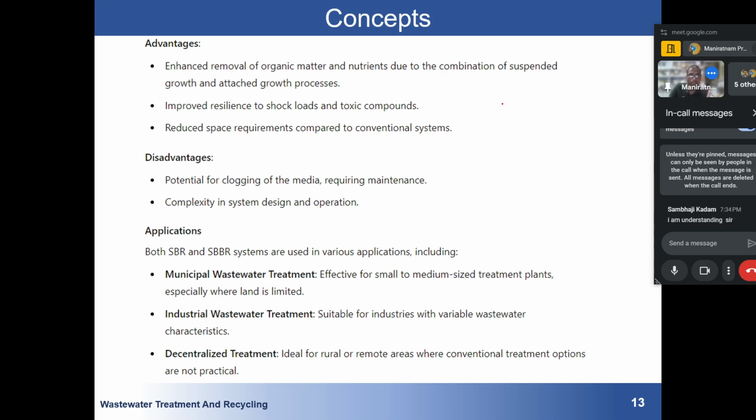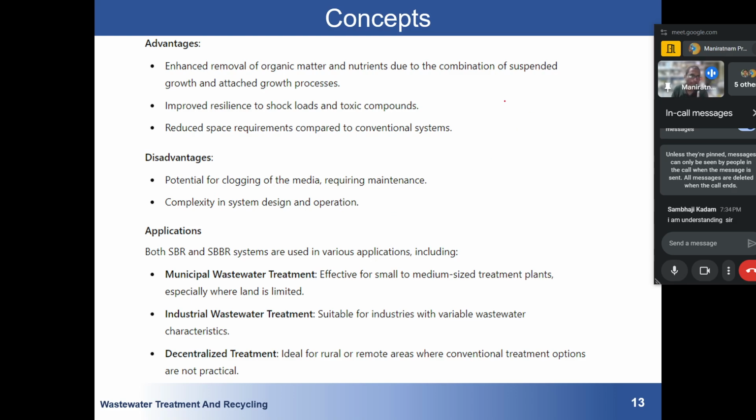This biofilm reactor can handle those kinds of shocks. It also reduces space, similar to the SBR, as everything is happening in a single reactor. The disadvantage is potential for clogging of the media.